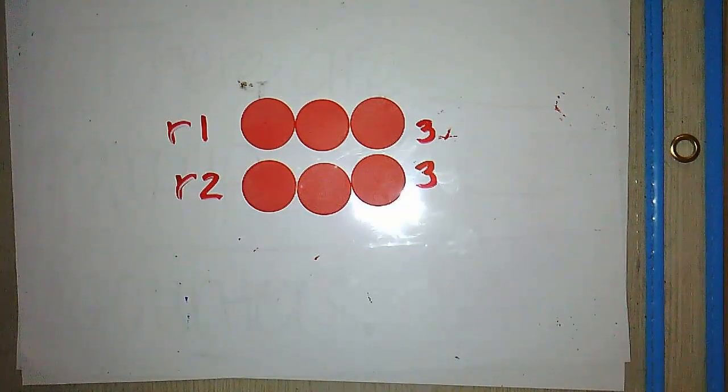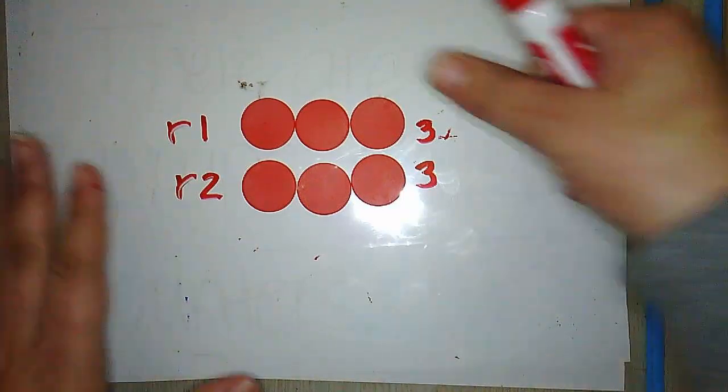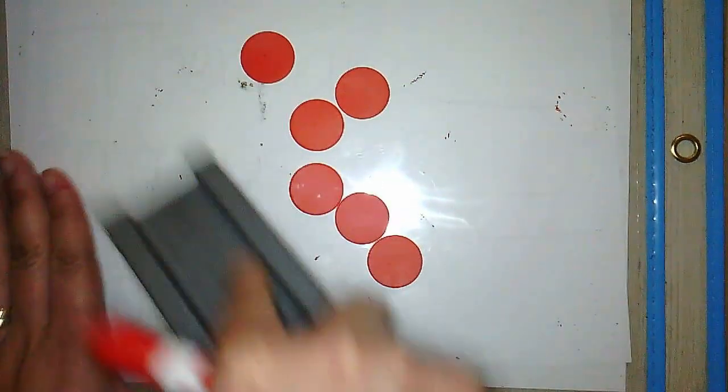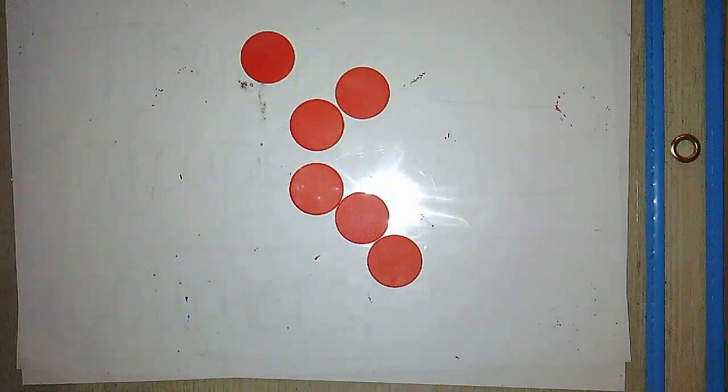Now, I want you to think about the next one. What if we want to arrange them into 2 columns of 3? Think about it. 2 columns of 3, boys and girls. Now, columns are groups that are arranged vertically. Columns are up and down.